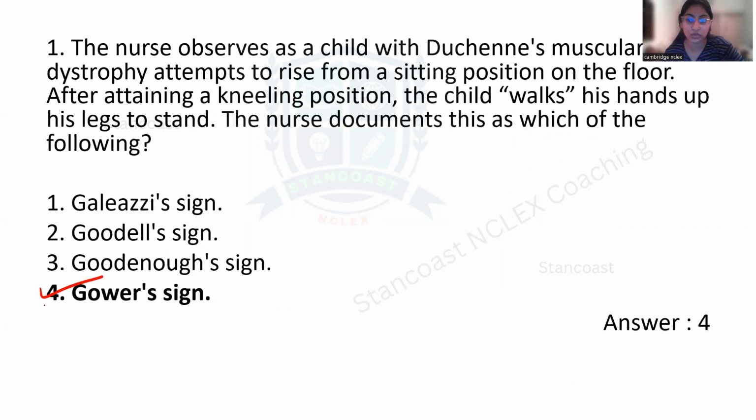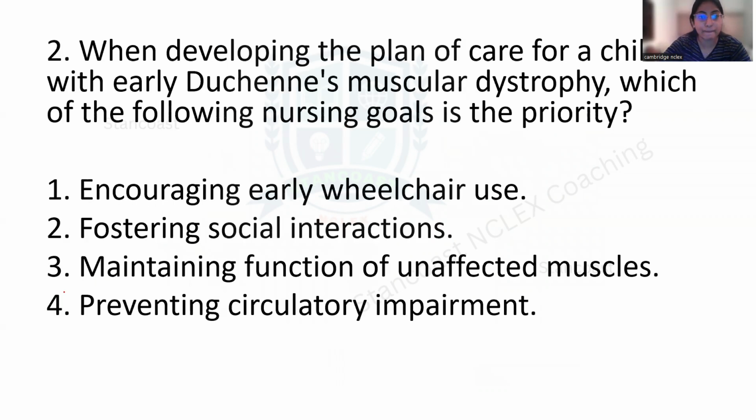I hope this question was clear to all of you. Now let's move to question number 2. When developing the plan of care for a child with early Duchenne muscular dystrophy, which of the following nursing goals is a priority? As we have already discussed what Duchenne muscular dystrophy is, now when we are developing a plan for a child having this disorder, what nursing goal is our priority?